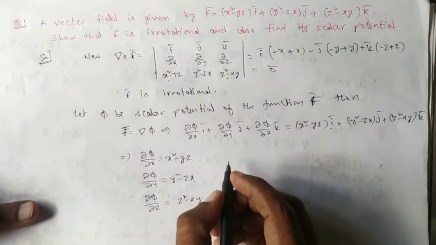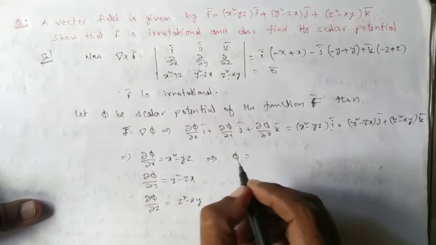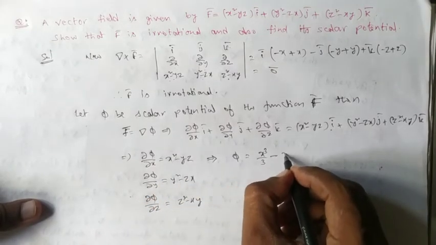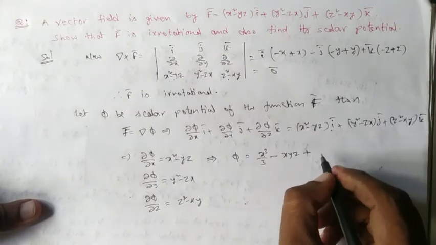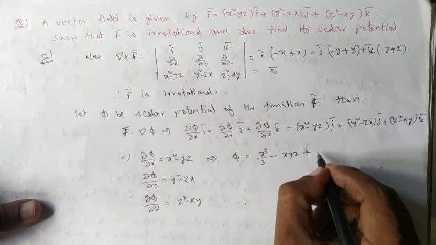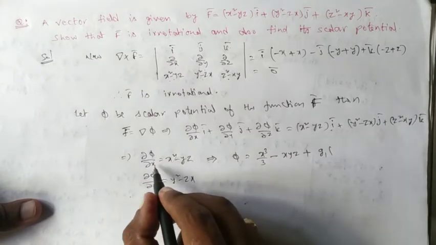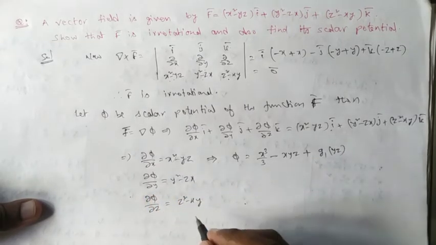Now if you integrate, pi equals x cube by 3 minus xyz plus some function, I may take it as g1. Since we are integrating with respect to x, y and z are constant, so it is a function of y, z.